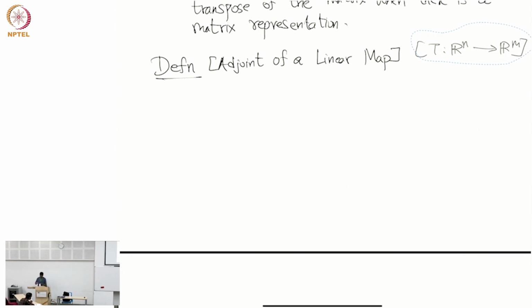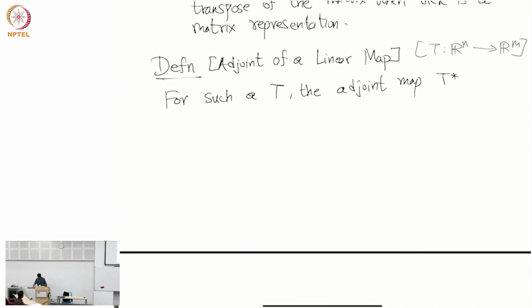So the definition is, for such a T, the adjoint map, which you can show is linear, is denoted T star.